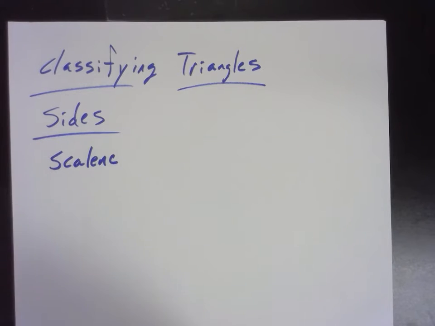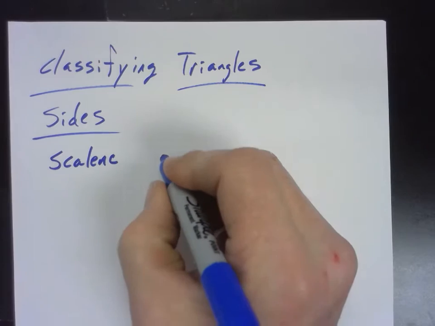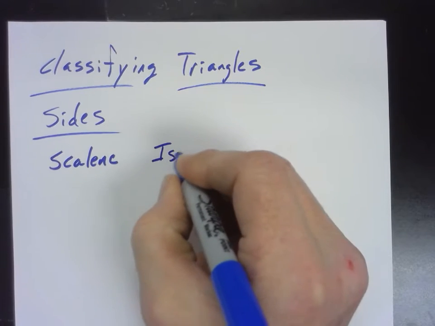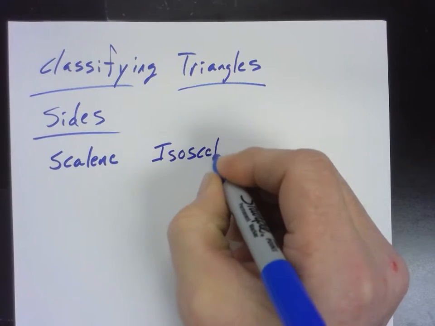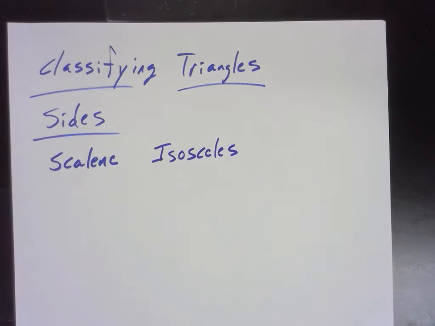What's another one we can classify by? Isosceles. I've seen the most amazing spellings of that word on the test that you can ever imagine. It's amazing how many different ways you can spell isosceles incorrectly. So what does it mean if it's an isosceles triangle?